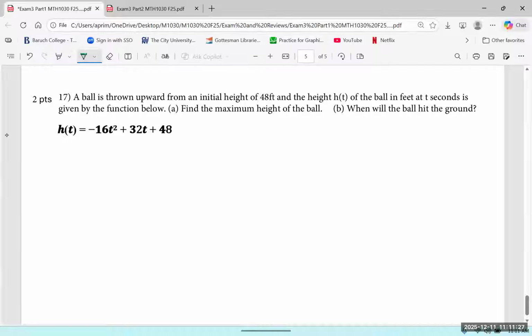So it's height. Height is the y value. And they give you the height of something. It doesn't matter what the height is for, it doesn't matter. When you say height, it's the y value. Now they are saying in the first one, find the maximum height of the ball.